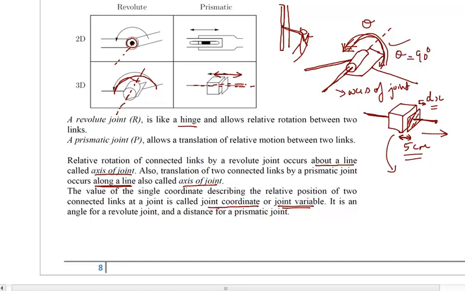So be very careful about the meaning of joint coordinate or joint variable. Every joint will have a joint variable, and that joint variable is an angle for a revolute joint, and it's a distance for a prismatic joint.